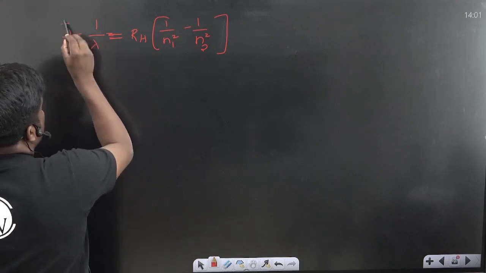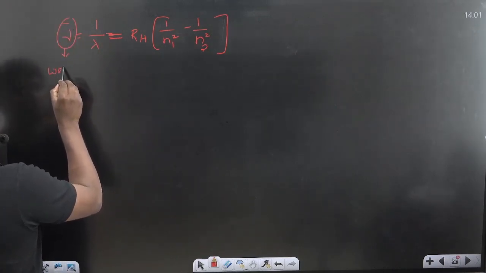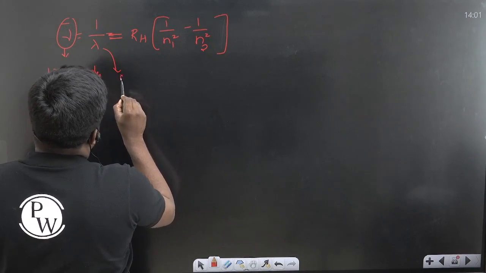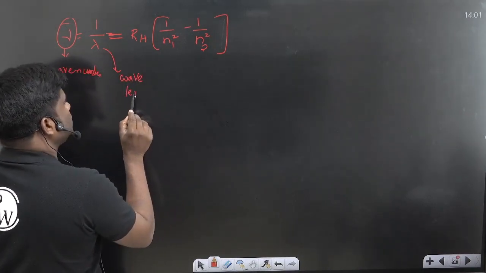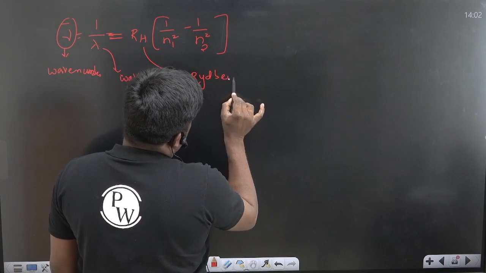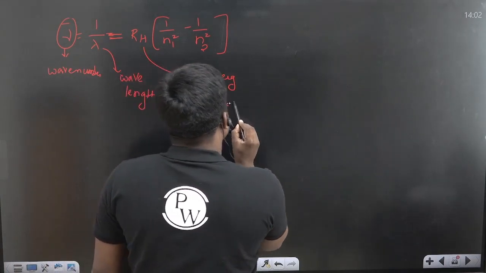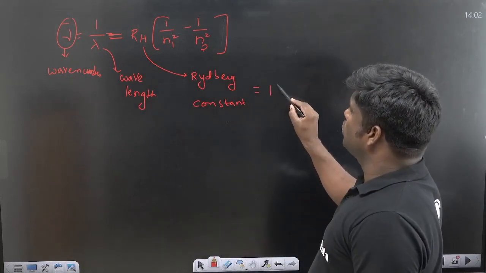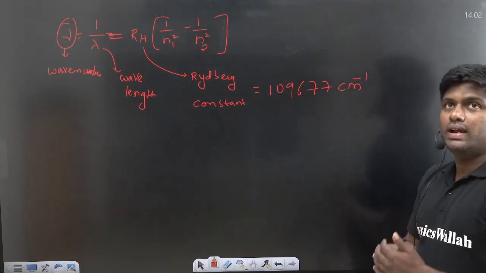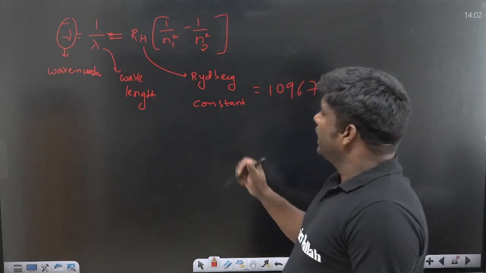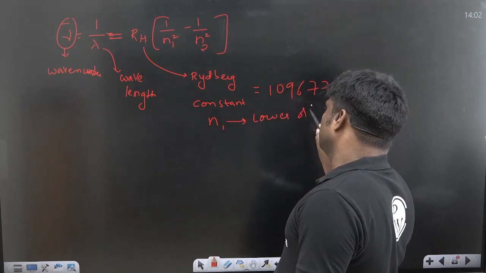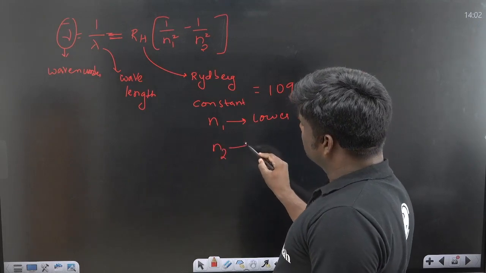Here nu bar is wave number, lambda is wavelength, RH is the Rydberg constant, whose value is 109,677 centimeter inverse, N1 is the lower orbit and N2 is the higher orbit.